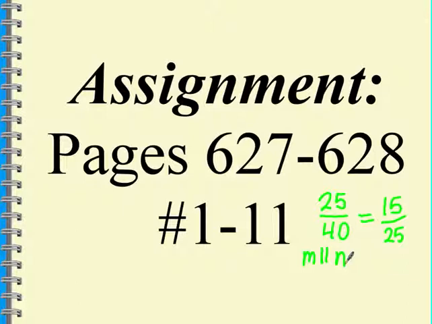When I say even, they have to be equal. So you would do this diagonal, you would get a value, and then you would do this diagonal. If those come out the same, then you're correct and they are parallel. If they don't come out the same, they are not parallel. So 1 through 11, and that will be due Friday, along with the worksheet you get tomorrow.